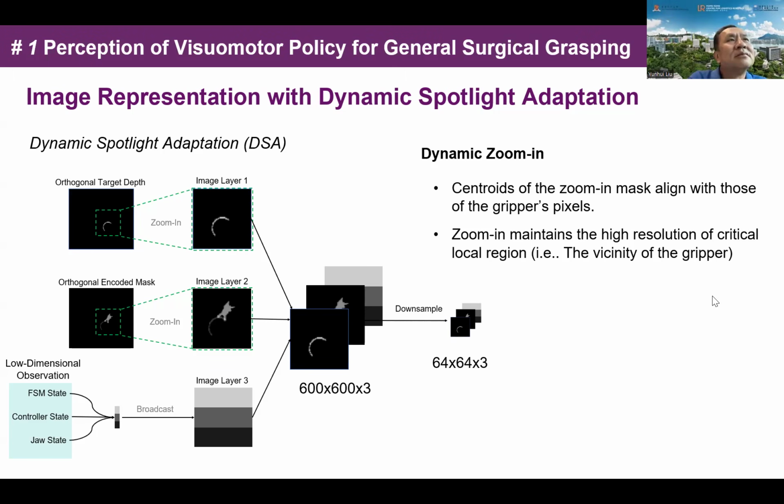So before downsampling, we first zoom in on the vicinity of the task-related objects. But the object is moving, so you need to find a way to track it. In summary, you try to detect the ROI, as in computer vision.